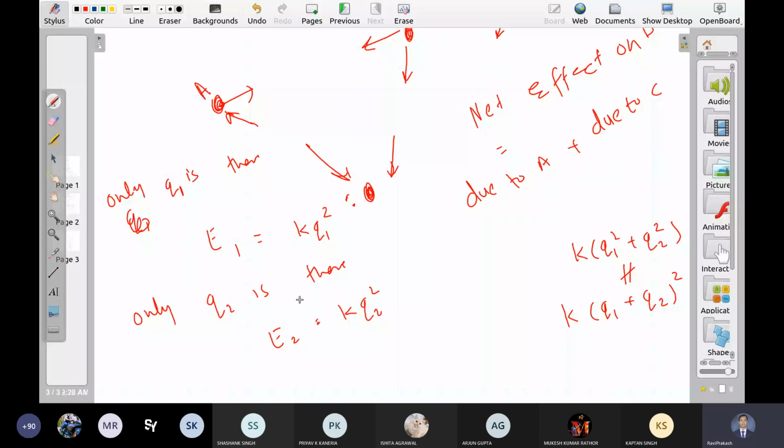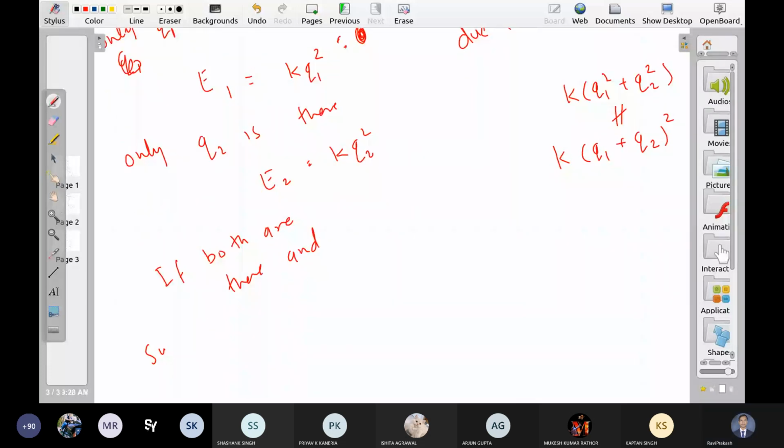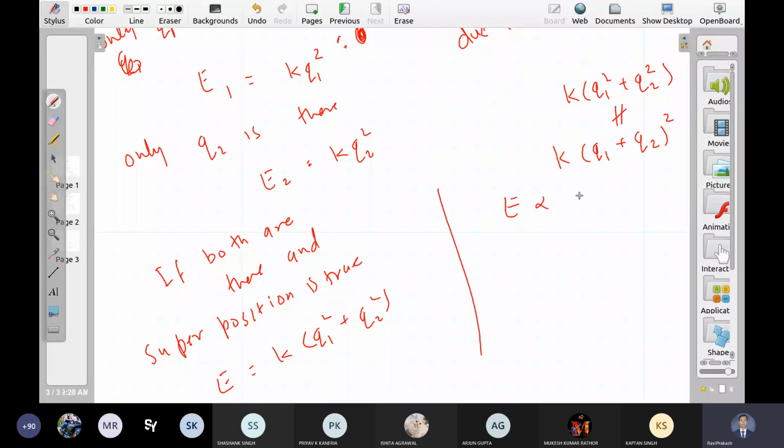If the superposition principle is true, then if both are there and the superposition principle is still true, then E can be given by this, right? But you obviously know, if E is proportional to Q square, what is the total charge now?